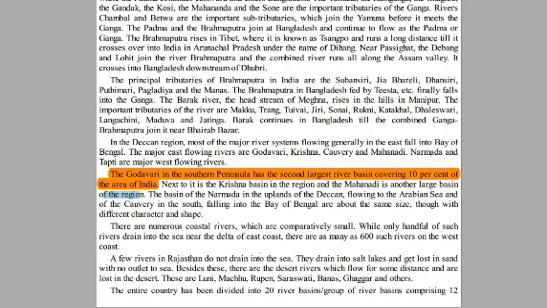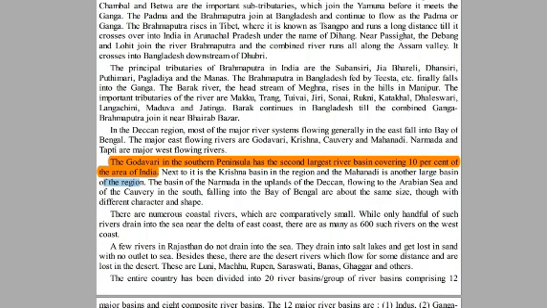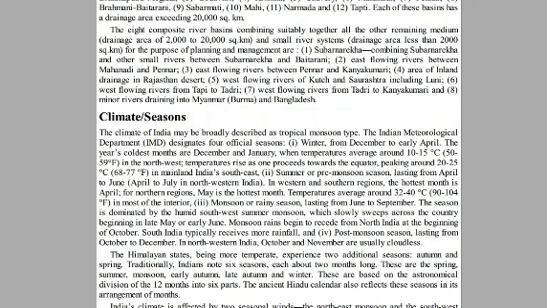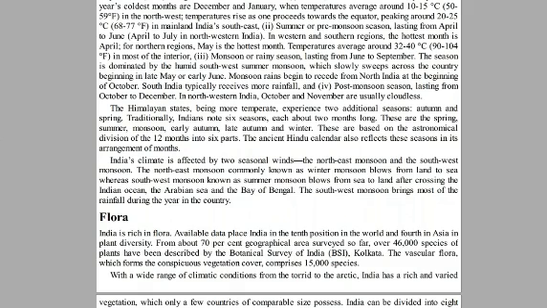Apart from these points, nothing much important has been provided in this chapter. Again, some information regarding climate and seasons has been provided, but I'm pretty sure you've gone through the concept of monsoon and seasons in your geography discussions, and whatever discussion has been provided here is not very important as far as UPSC is concerned.